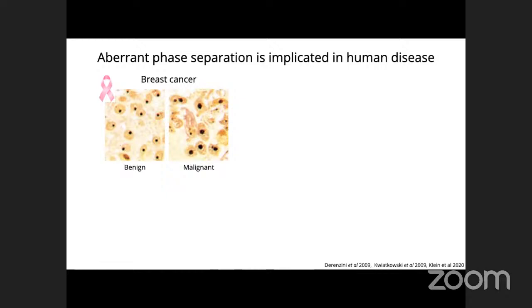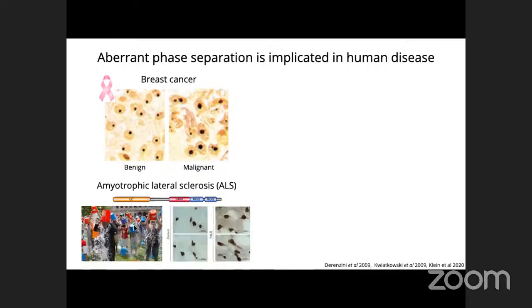Malignant tumors have enlarged nucleoli, whereas benign tumors or normal non-cancerous tissue have small nucleoli. So either there's an increase in concentration or an increase in activity. We don't exactly know why, but this is diagnostic, and it's used by pathologists to diagnose cancer patients.